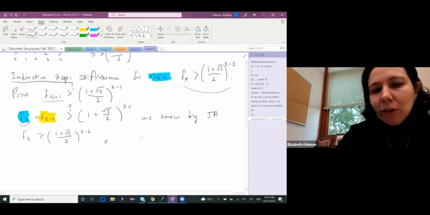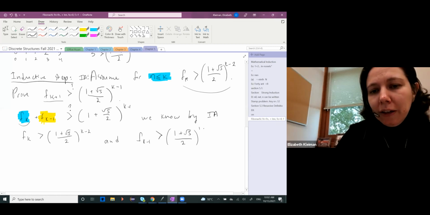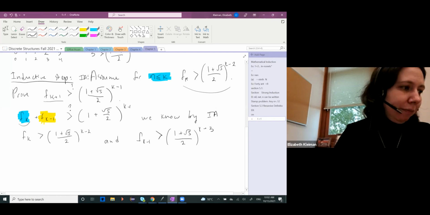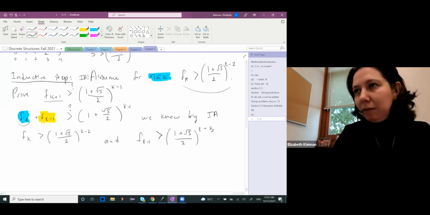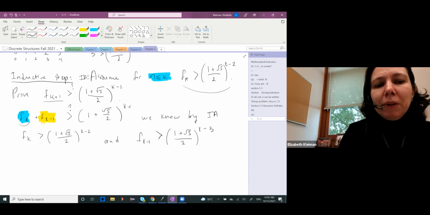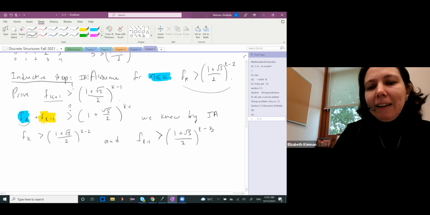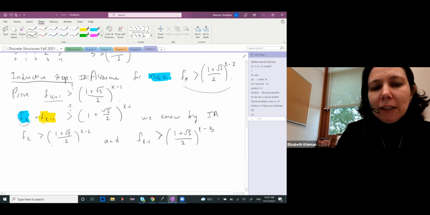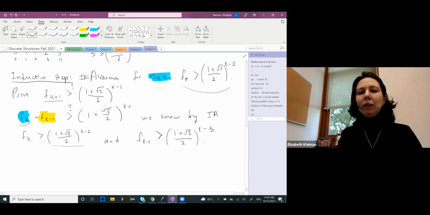And we also know that f of k minus 1 is bigger than (1 plus square root of 5 over 2) to the k minus 3. Agreed? So now, if I'm going to replace f of k and f of k minus 1 with each of those, am I going to make the whole thing smaller or larger?